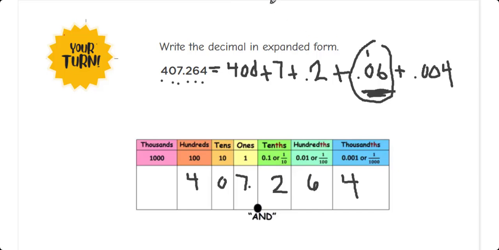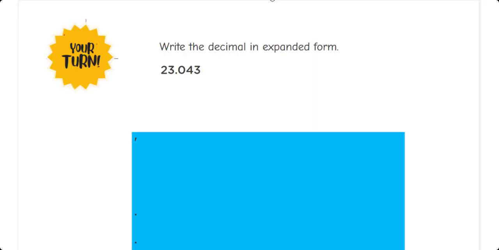All right, one more. We have 23 and 43 thousandths. Write that in expanded form. We're going to look at the dot under the 2. I know that's in the tens place, so by itself, 2 times 10 would be 20, right?